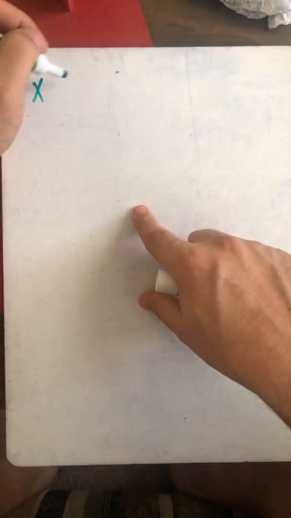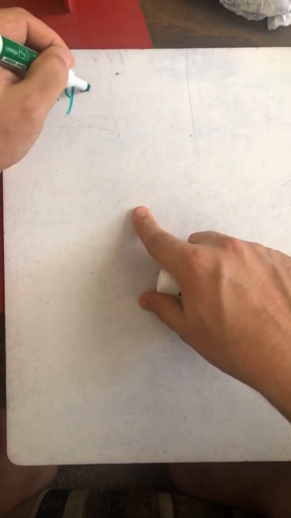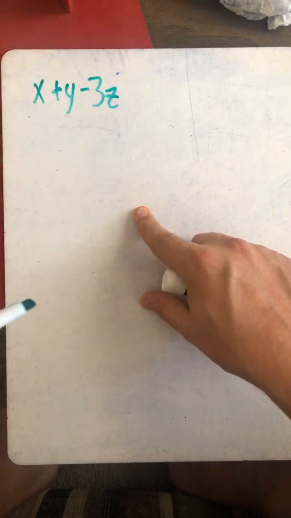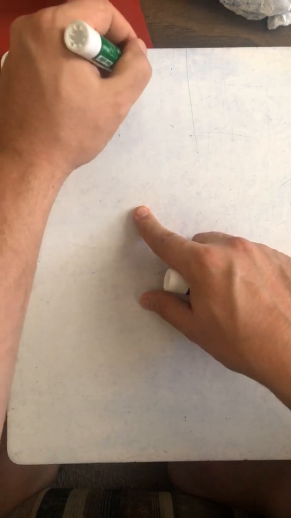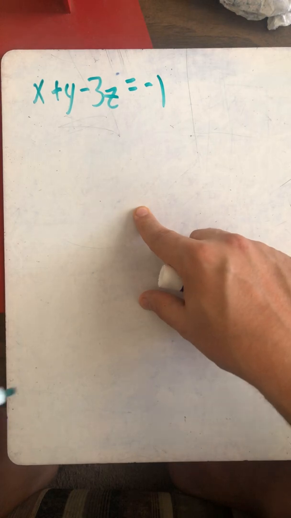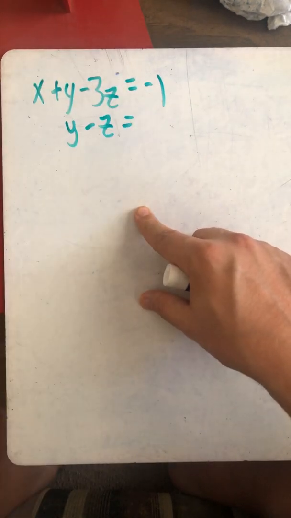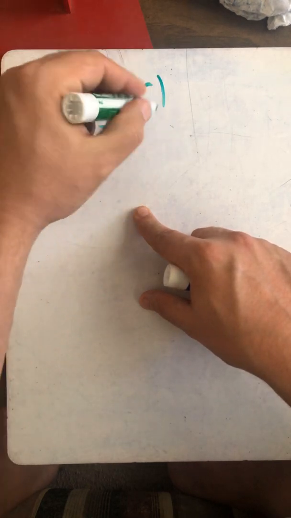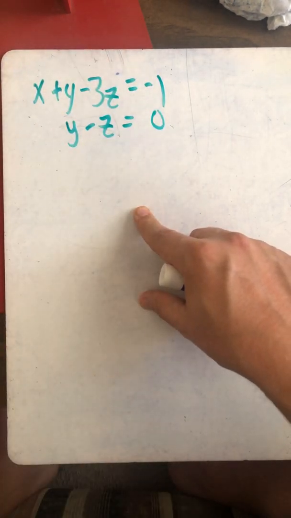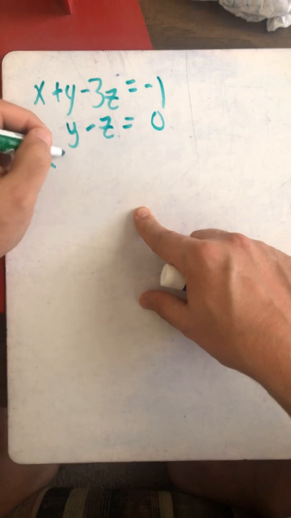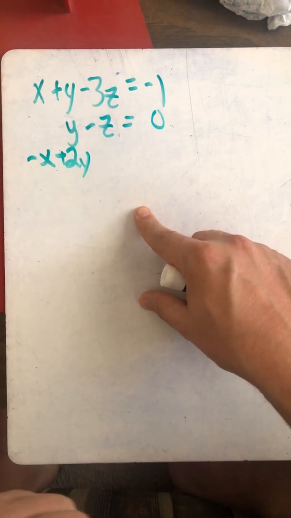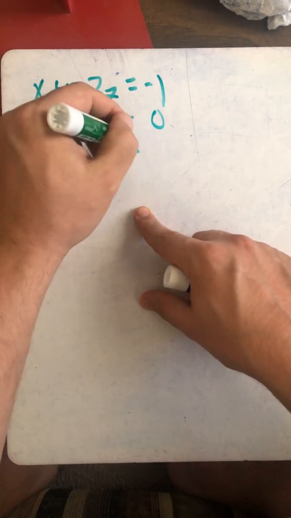So for the original problem, we have x plus y minus 3z equals -1. We have y minus z equals 0. And we have -x plus 2y equals 1.